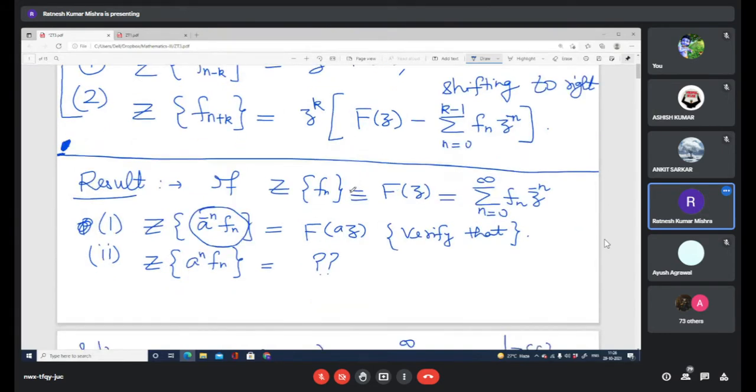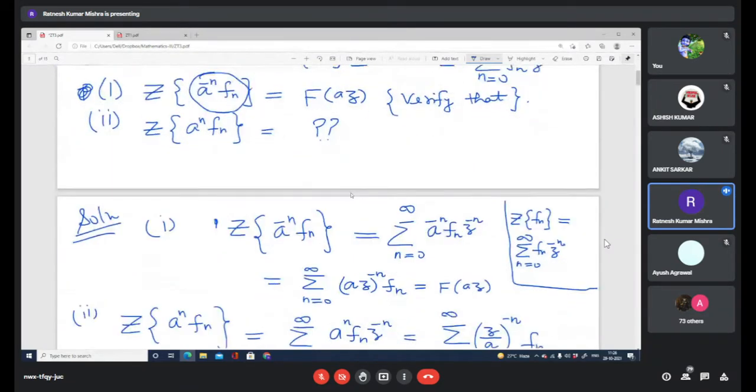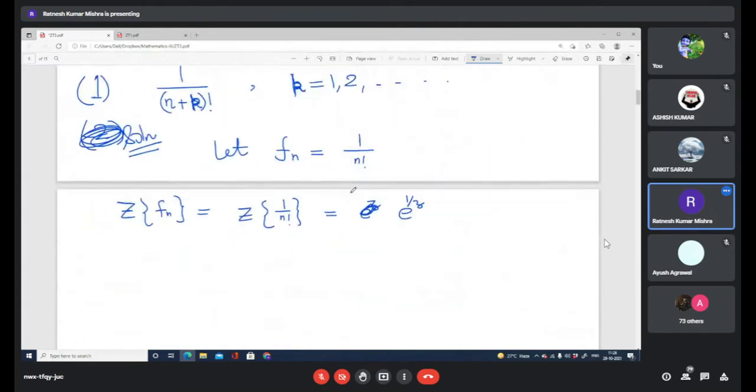So the z transform of f(n plus k) is what? This is 1 by factorial of (n plus k).